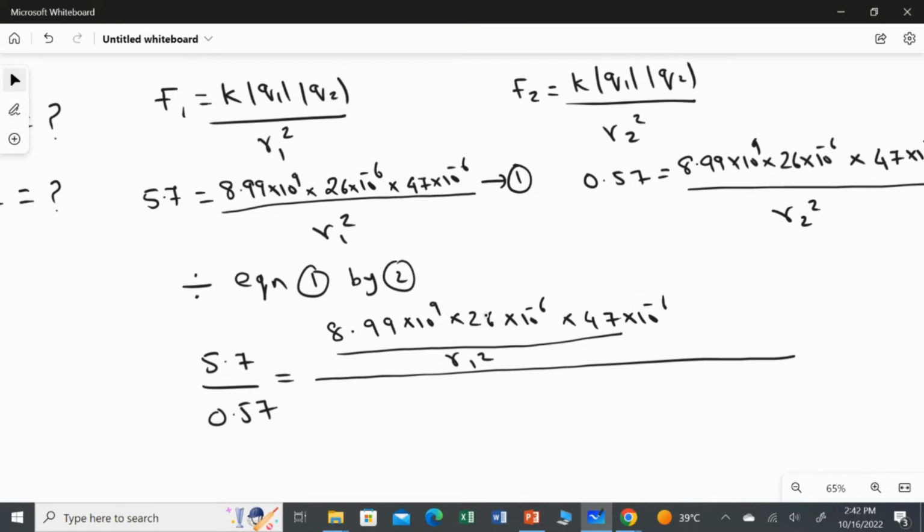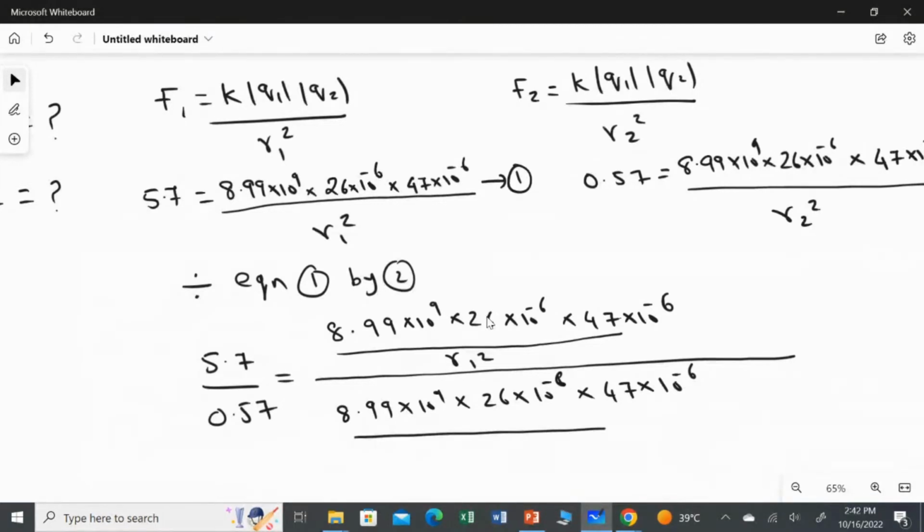Likewise, for this part, 8.99 multiplied by 10 to the power of 9 multiplied by 26 times 10 to the power of minus 6 multiplied by 47 multiplied by 10 to the power of minus 6, divided by R2 square. Am I right?